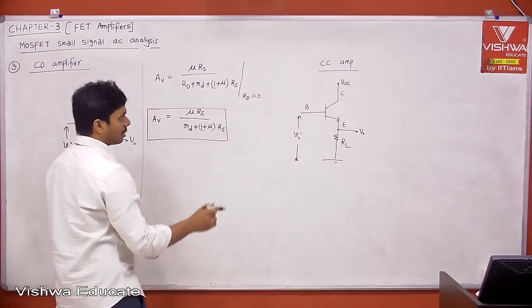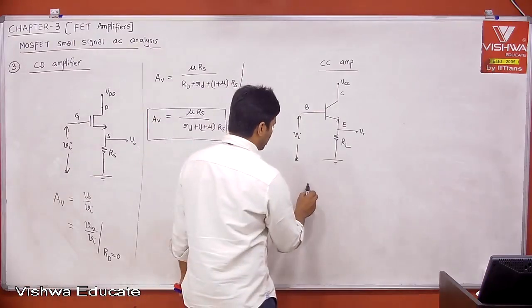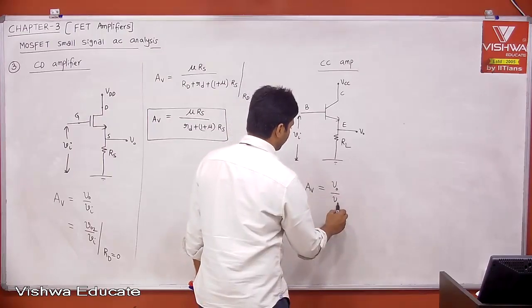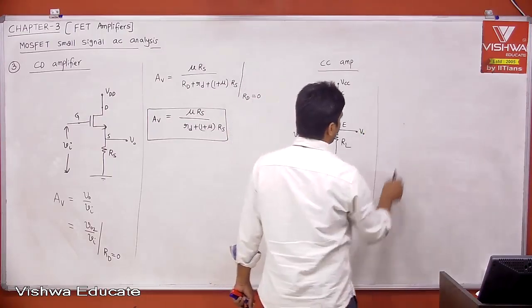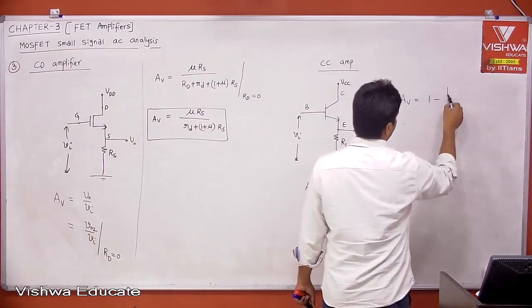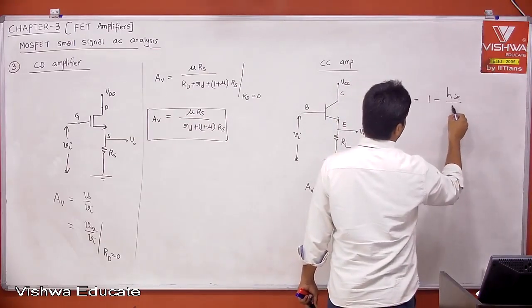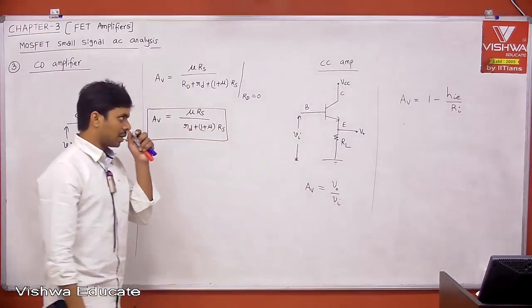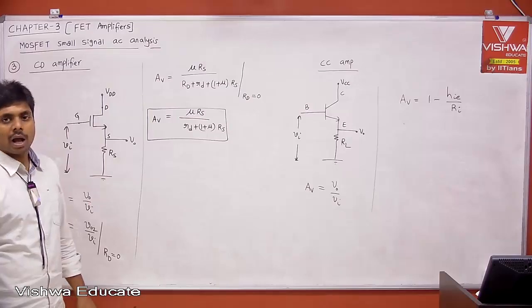Now let's see what is the voltage gain of the CC amplifier. AV is equal to V0 divided by Vi. Then we got AV equal to 1 minus HIE divided by RI.